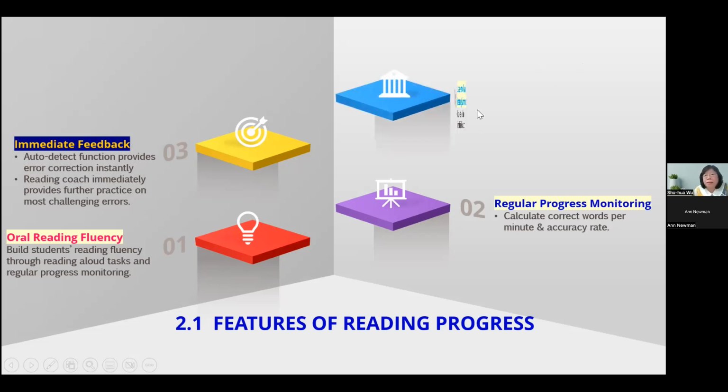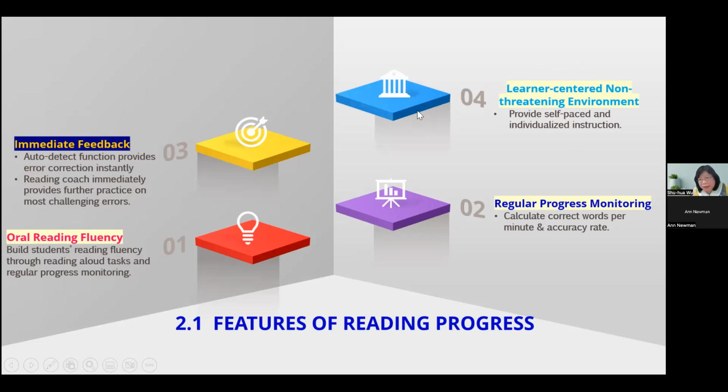And then the number 4 feature is a learner-centered, non-threatening environment, which is very important for learners, especially the EFL students, who try to practice their reading aloud task. For instance, when we ask one particular student in class to read aloud for the whole class, we acknowledge that students do have high levels of anxiety when they try to read aloud in class.